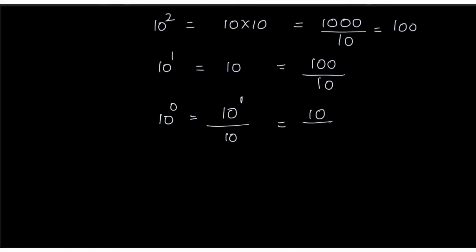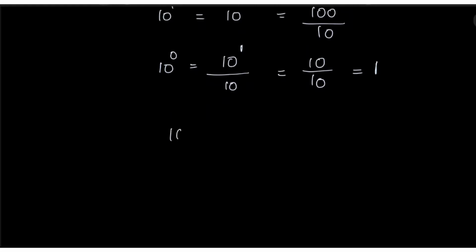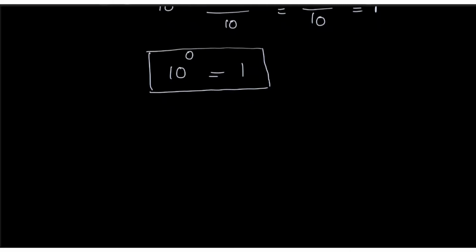That is equal to 10 by 10, which is equal to 1. So it is proved that any number with exponent 0 or index 0 is equal to 1. This is the proof for x raised to 0 equal to 1. Any number raised to 0 is equal to 1.